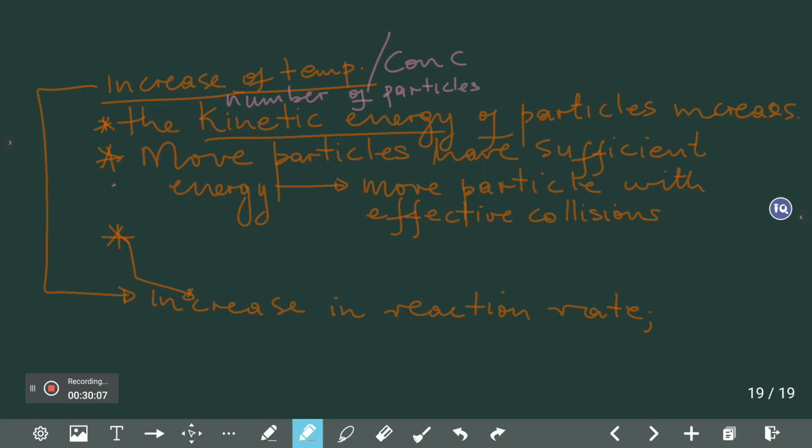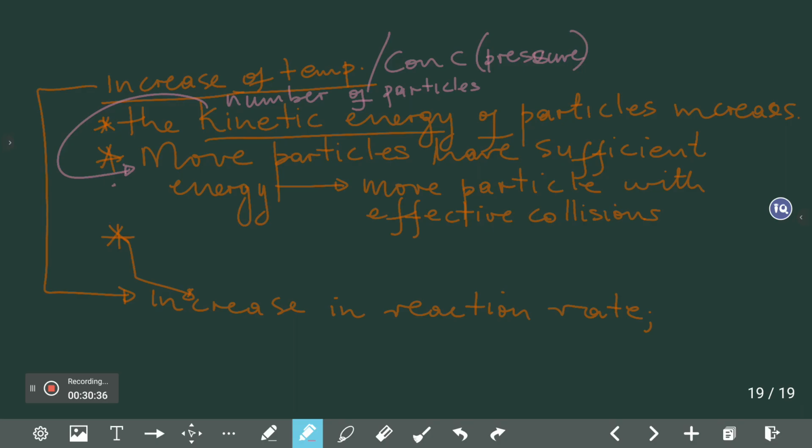If it's a gas, it's about the pressure. Now, what happens here is we are looking at the volume.